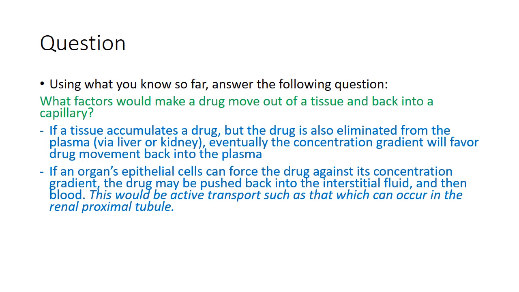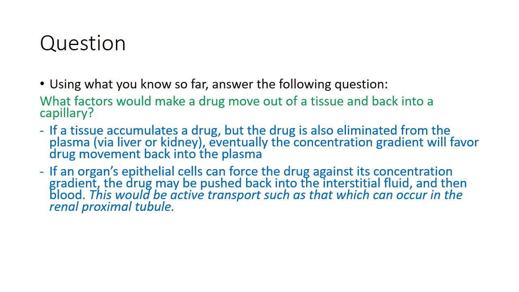Okay, in some cases, even if the blood concentration is high compared to the lumen concentration, sometimes the drug will still get reabsorbed, or a nutrient like glucose, remember from physiology, and that requires transporters to go against the concentration gradient. So a tissue, like the kidney, can force the drug back into the blood instead of getting rid of it, even if the plasma concentration is a little high.